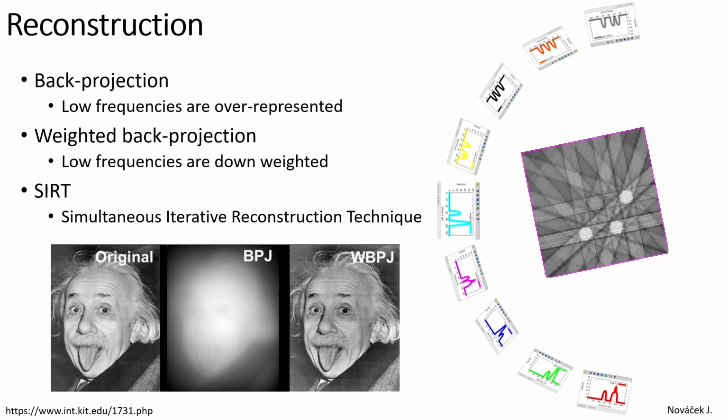Tomographic reconstruction relies on several methods, such as back projection, weighted back projection, or SIRT, the simultaneous iterative reconstruction technique. We already talked in the previous lectures about how back projection works. Here we have an image of 3 dots originally, from which we have projection images under different angles. Because this was a 2D image, the projection will actually be a 1D profile.